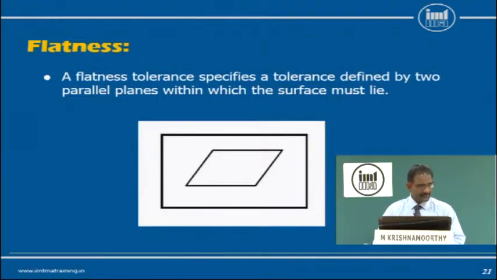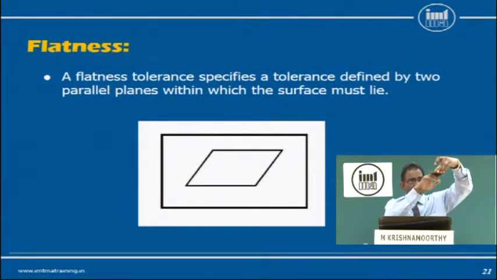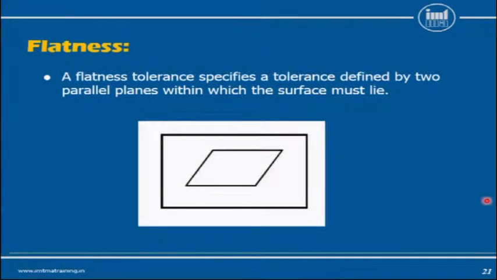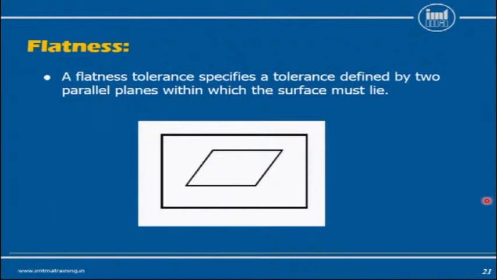In other words, when we say the bottom surface of this part should be flat, the convexities or concavity, or the ups and downs available in this particular surface, all should be contained within the stipulated value suggested in the drawing. That is the meaning of flatness.